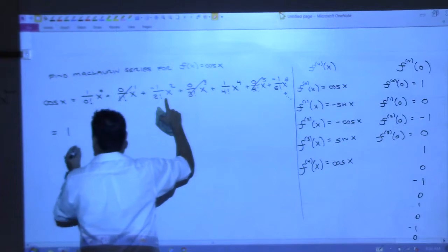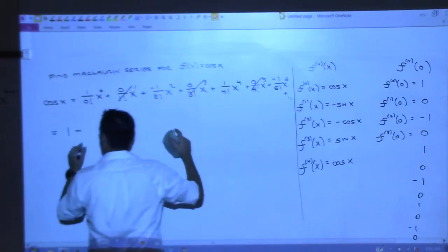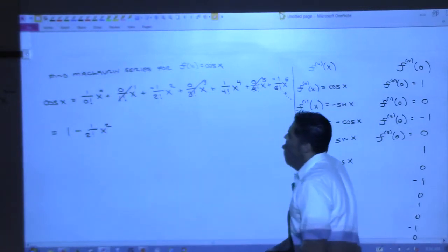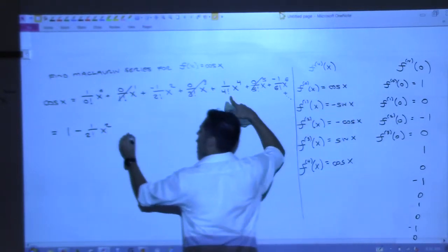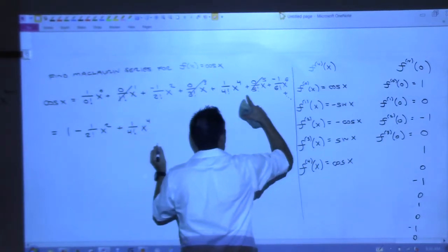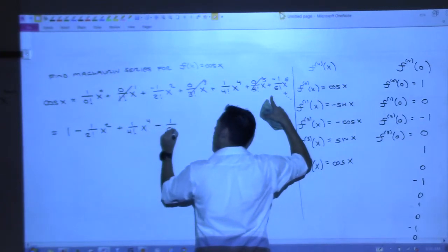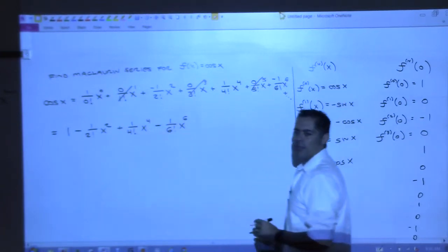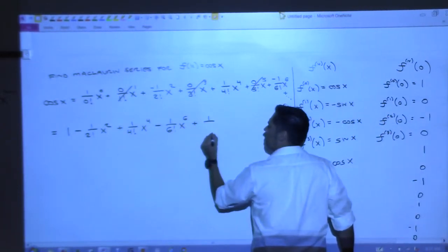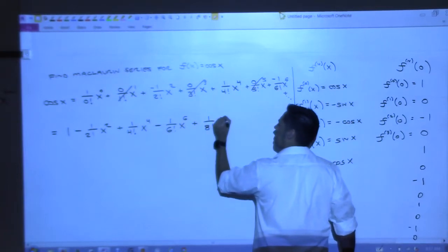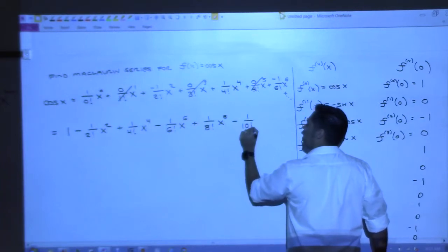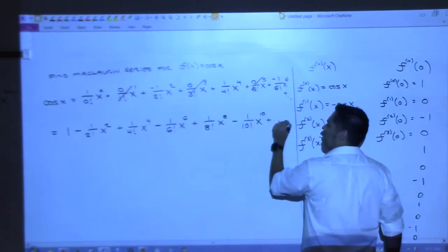And the next one is minus, because it's a negative, 1 over 2 factorial, x squared, plus 1 over 4 factorial, x to the 4th, minus 1 over 6 factorial, x to the 6th. What's the next one? Plus 1 over 8 factorial, x to the 8th. One more. Minus 1 over 10 factorial, x to the 10th, plus dot, dot, dot.